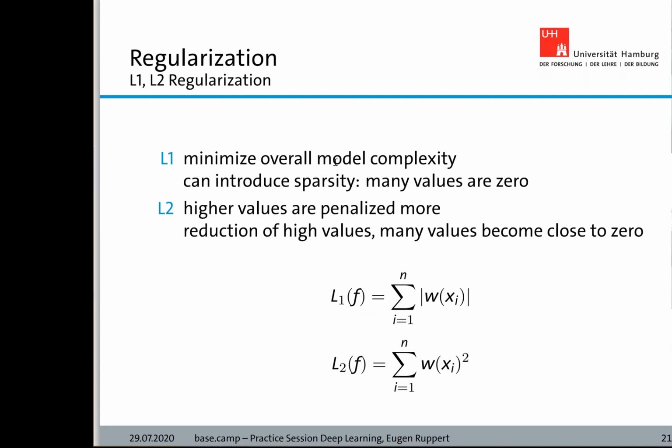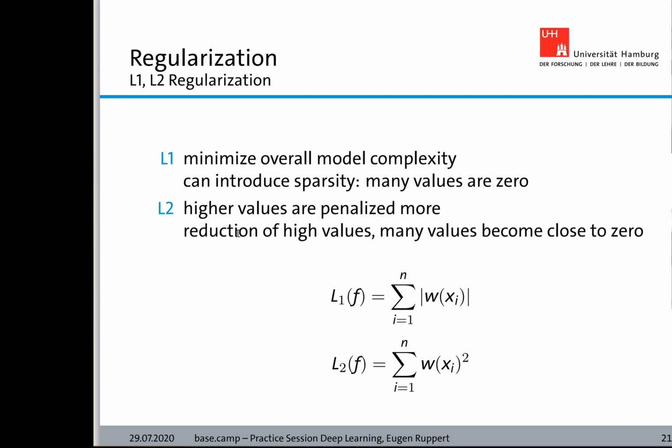They are both working on minimizing the model complexity, but with L1 many values can become 0, so that there are maybe just a few, the most important ones, that have a higher value. And the L2 regularization penalizes higher values much more, because it's a quadratic growth here.